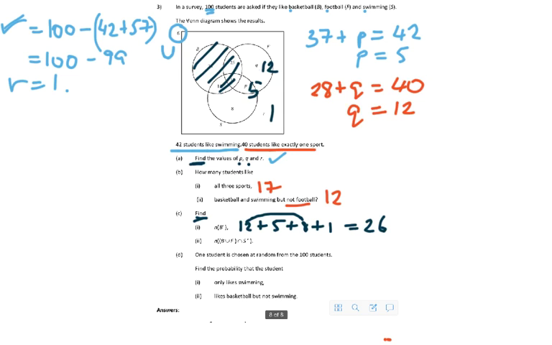So the next question, we're asked to find the number of students who enjoy basketball and football, and also not swimming. So let's look here. We're going to shade B and F. That's the union of B and F here, this first section here. Intersect that with not swimming. So we're going to have to take away the bit here that do like swimming.